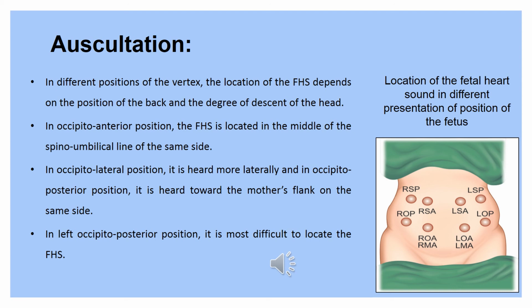In occipito-lateral position, it is heard more laterally, and in occipito-posterior position, it is heard towards the mother's flank on the same side. In left occipito-posterior position, it is most difficult to locate the fetal heart sound.